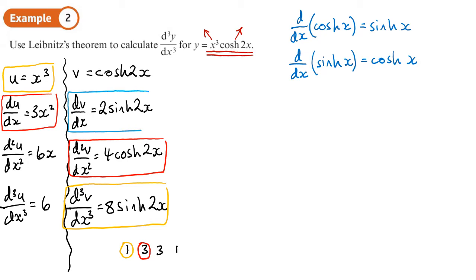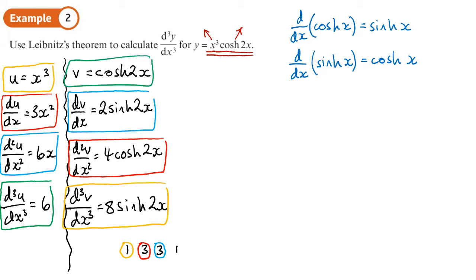This one will go together with this one, and they will have a coefficient of 3. And the last derivative of u and v will go together, and they all have a coefficient of 1. So now it's just writing them all out and seeing if there's any simplifying to do.